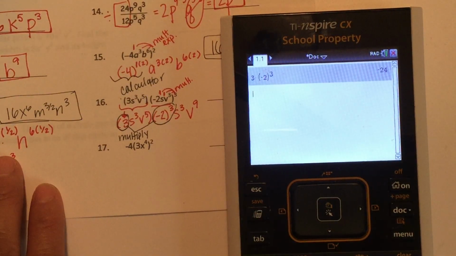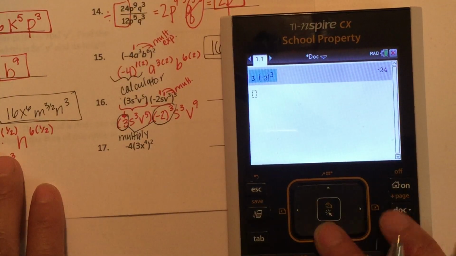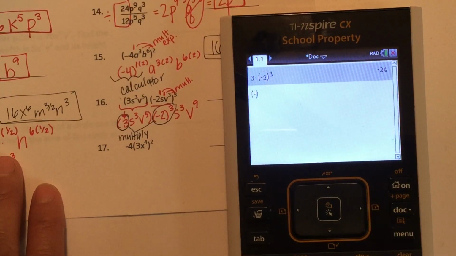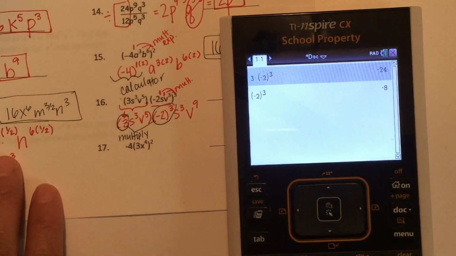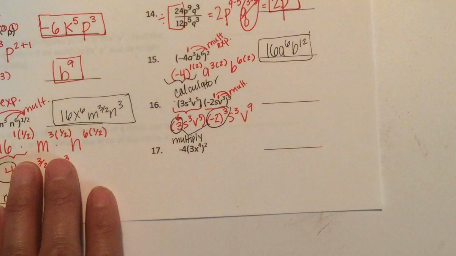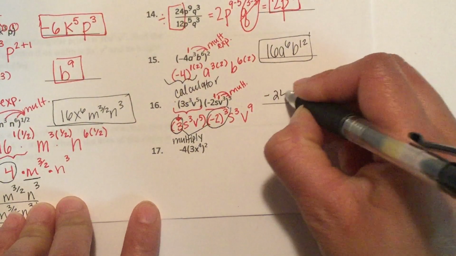You're going to get negative 24, and the reason for that is negative 2 raised to the third power is negative 8. Negative 8 times 3 is negative 24. So whether you do it in pieces, you need to understand that you're multiplying those two to get negative 24.